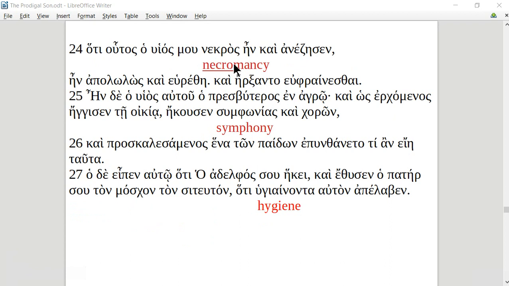Necros, necromancy, calling up the dead. Symphonias, symphony, and again notice the U becomes a Y. Hugianonta, and from this we get the word hygiene. So it's changed its meaning slightly in English. This means well or healthy, and it changes its meaning when it's borrowed in English as hygiene.